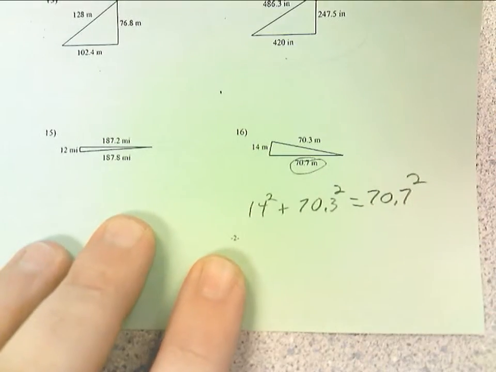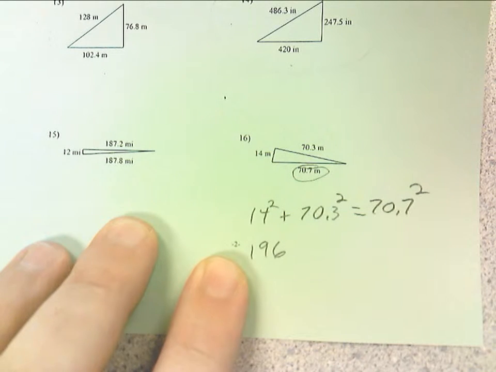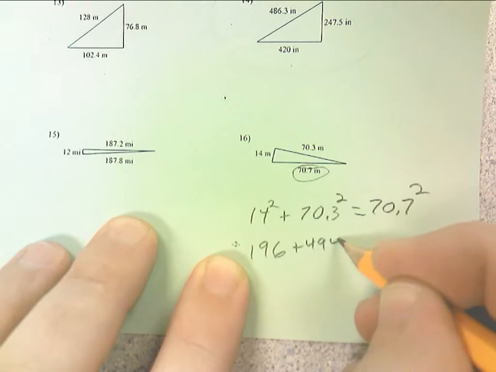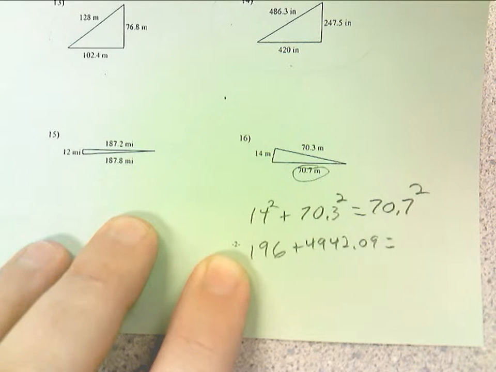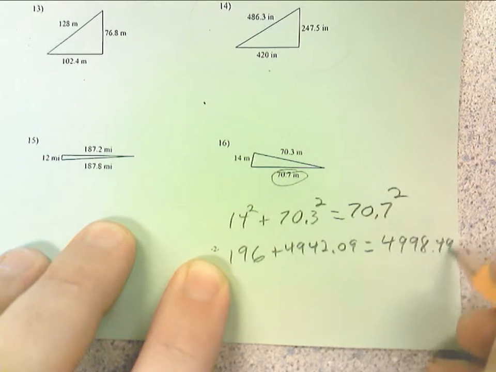Sorry. 14 squared is 196. 70.3 squared is 4,942.09. And 70.7 squared is 4,998.49.